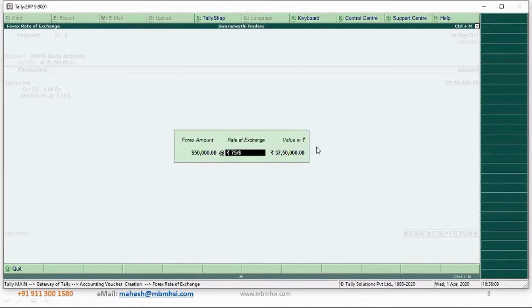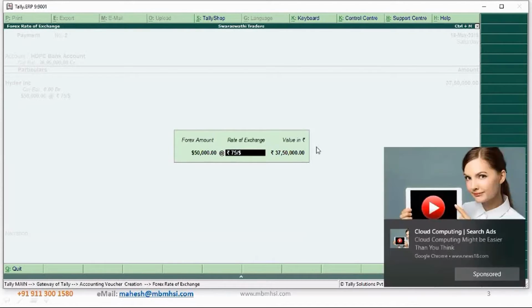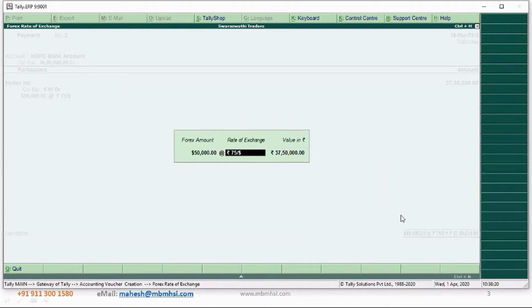Now on 18th of May, let us assume that the dollar rate has gone up. When we made the purchase, it was at 75 rupees per dollar. Now when we are making the payment, let us assume that it has become 78 rupees. So I'm changing this to 78 rupees.